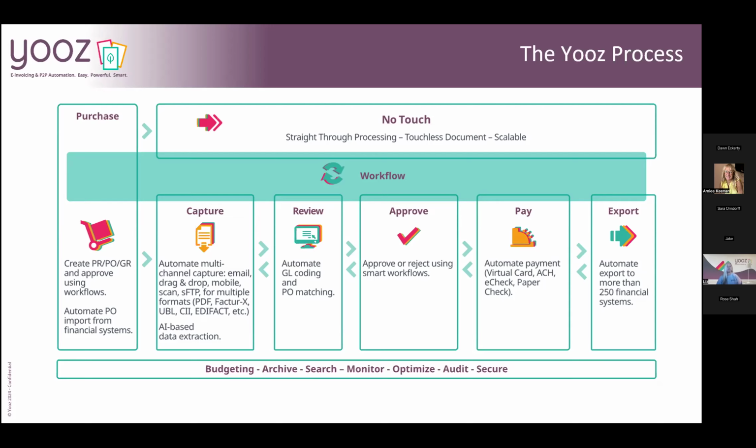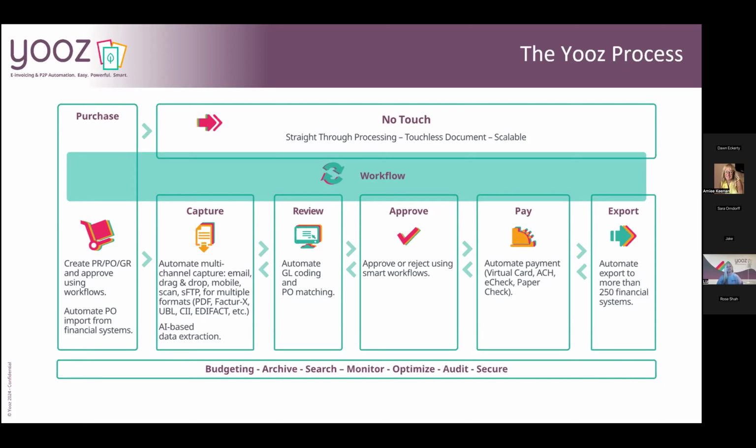So, extremely robust. All of your communication can now be housed inside of Yooz with a full audit trail there. We can send notifications out by email with a link to the direct document that is needing your attention, or also through push notification via our mobile app.